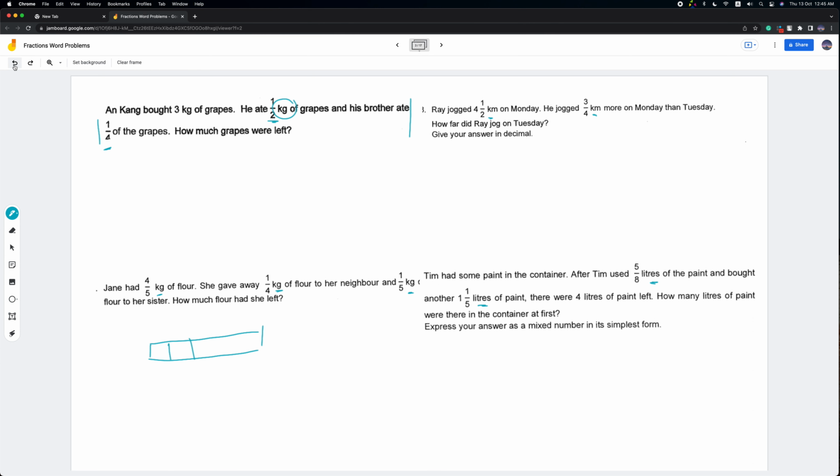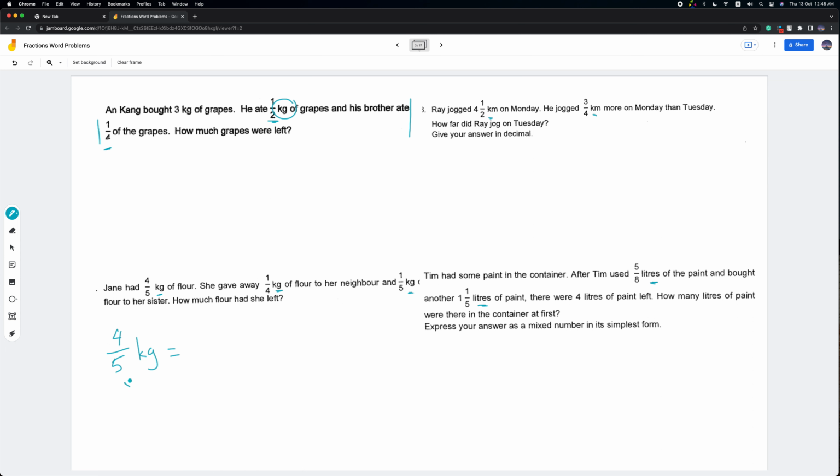Don't forget that fractions can be converted to decimals. So what does this mean? I'll go through with you so that you'll understand what this actually means. We're going to change this into decimals. There are a few ways to change to decimals. One of them is to make the denominator 10, 100 or 1000.